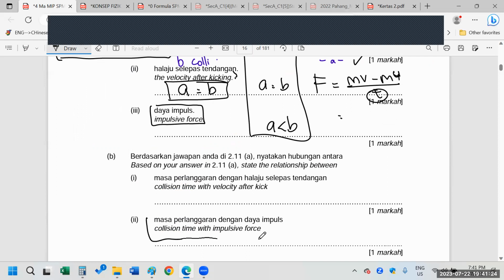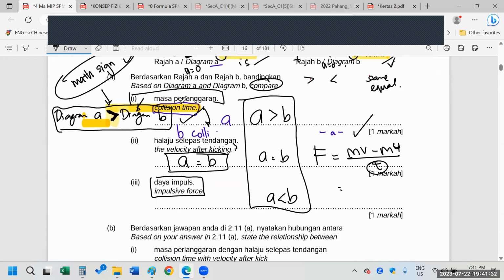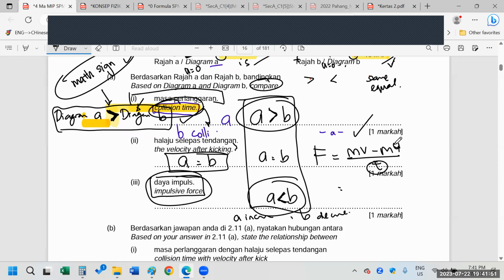They want collision time with impulsive force. So we look at collision time and impulsive force. You can see A increase, this one B decrease. So what's the relationship? From here we can say that A increases, B decreases.